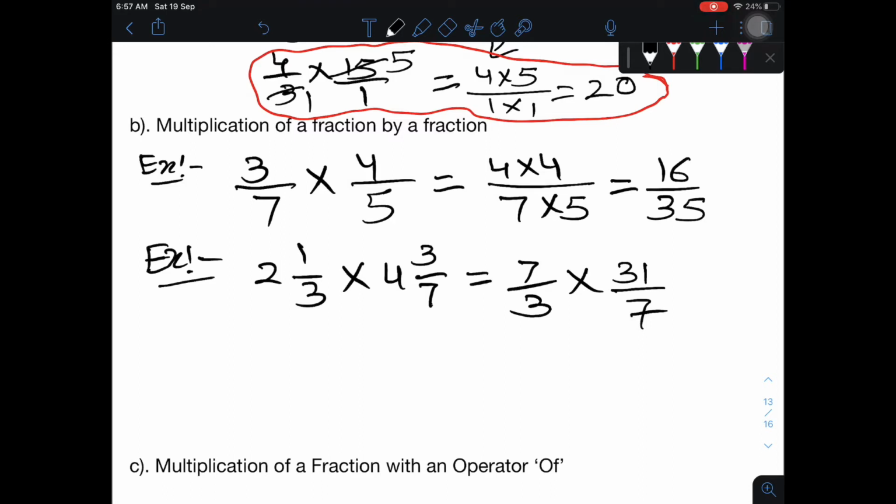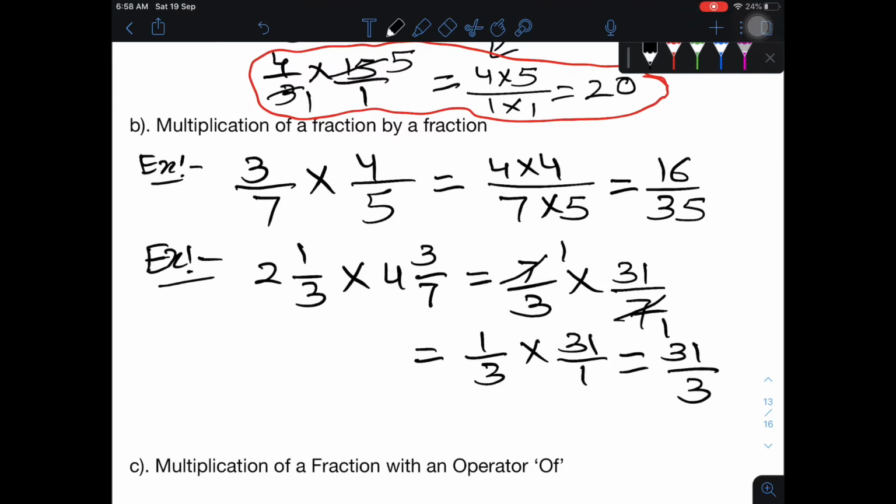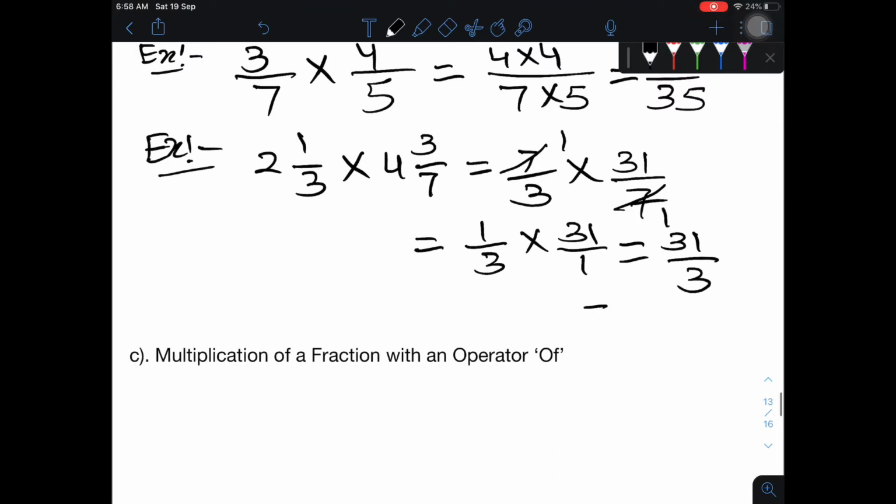Now as I have told you, do the simplification in an earlier stage. Now just simplify it. 7 ones are 7, 7 ones are 7. So 1 by 3 into 31 by 1. Now multiply numerator to numerator and denominator to denominator like this. Now convert it to mixed fraction. 3 ones are 3, 3 tens are 30, remainder 1.